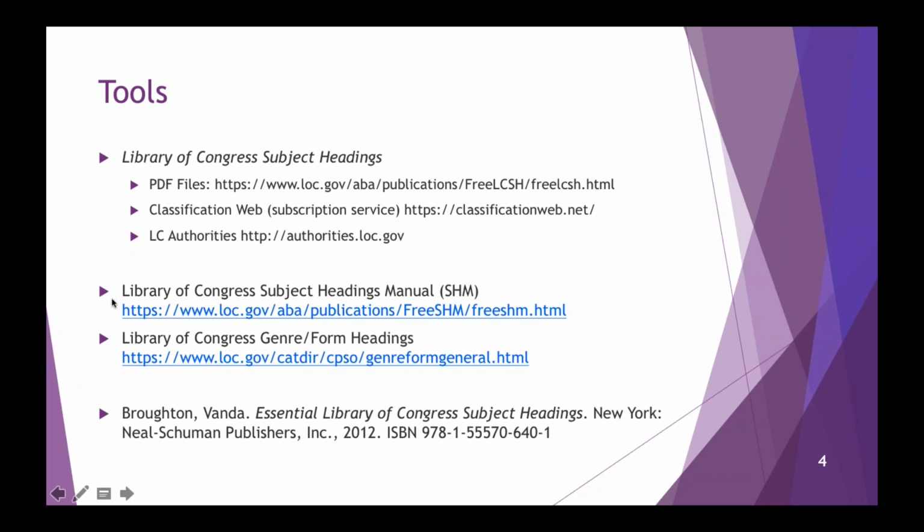Here is a link to the Library of Congress Subject Headings Manual. Again, SHM is the abbreviation that we use for it, and it is the instruction manual for how you create LCSH terminology and how you make use of it, how you apply it.